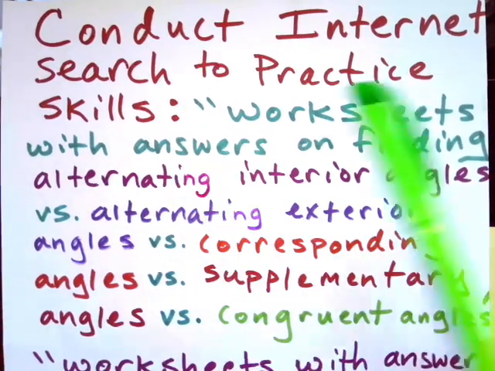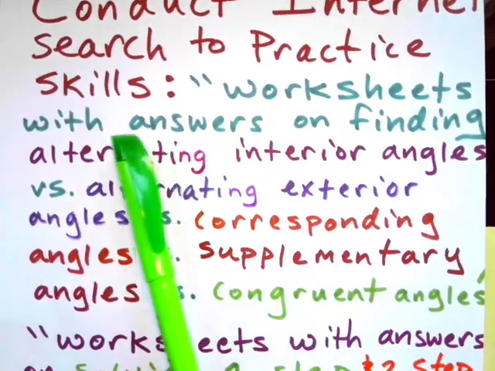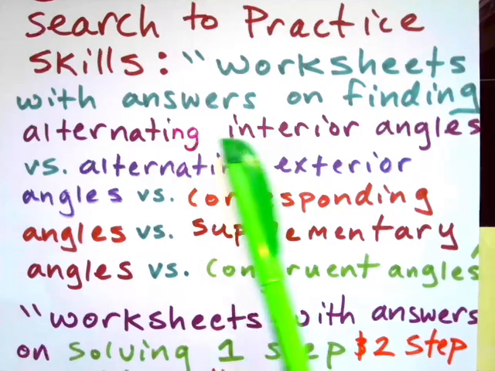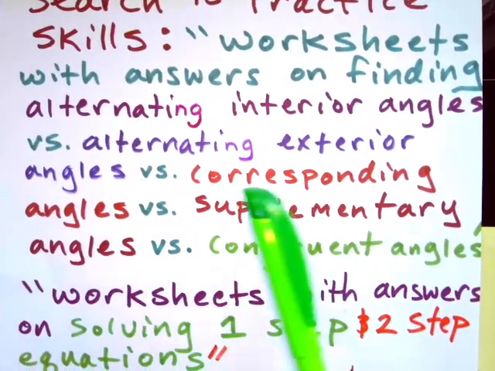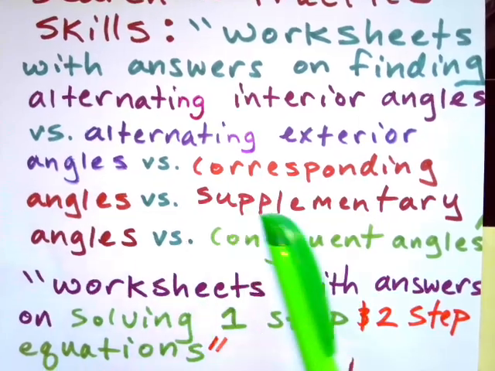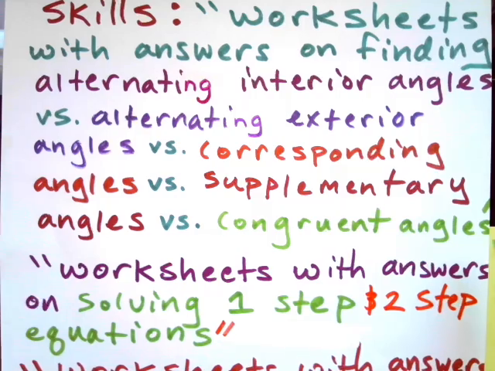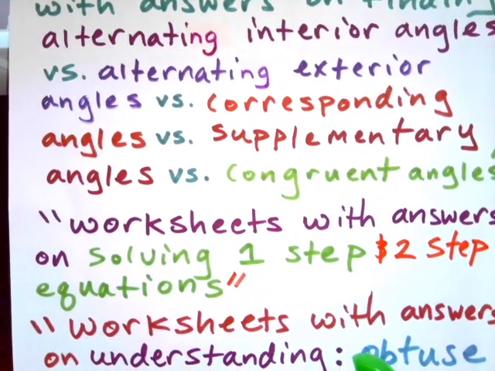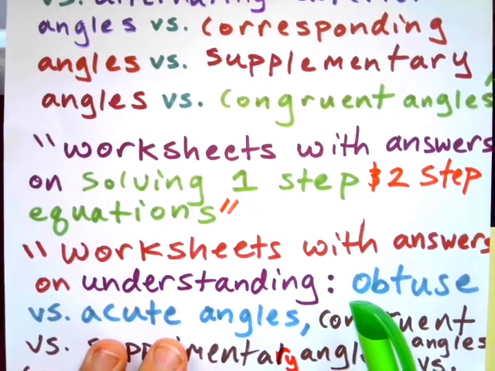So go ahead and conduct an internet search and practice your skills, right? Worksheets with answers on finding alternating interior angles versus alternating exterior angles versus corresponding angles versus supplementary angles versus congruent angles. I'll be going over a video here just briefly to kind of explain those a little further.